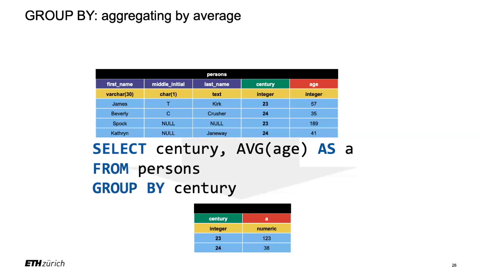Now, did you see what happens with the domain here? It changed the type. If you do the average of integers, it's not going to spit out an integer. It's going to spit out a numeric value with digits after the decimal. In that case, it turns out that there were none, but in general, it could output a decimal number with digits. Does it answer your question? Yeah, all right.